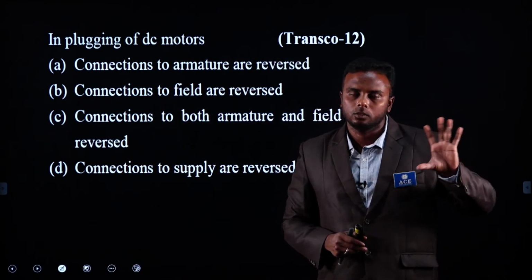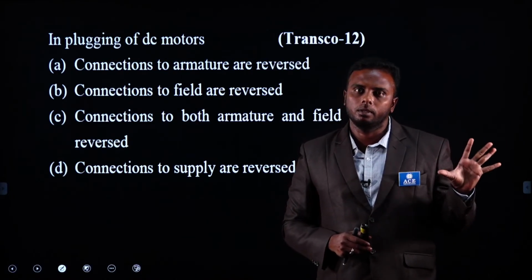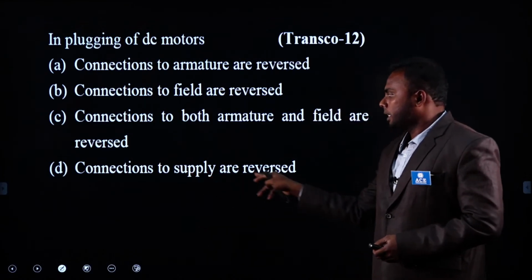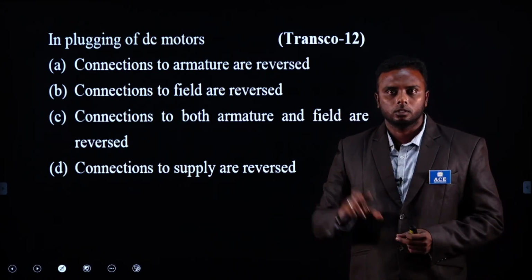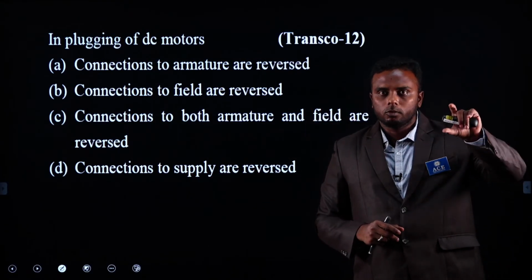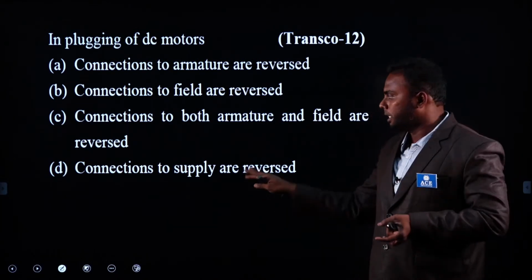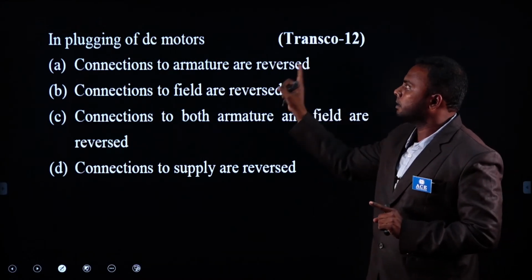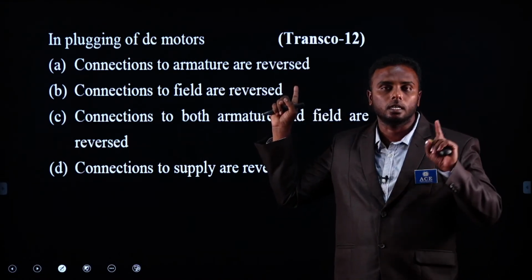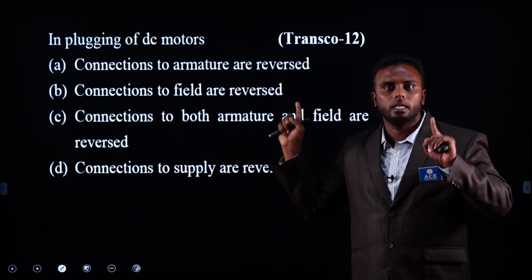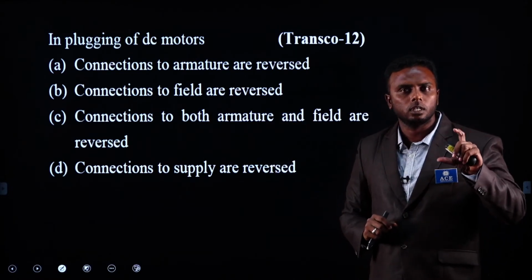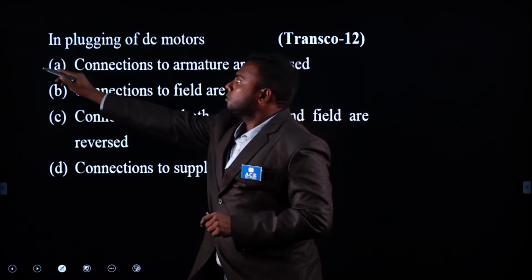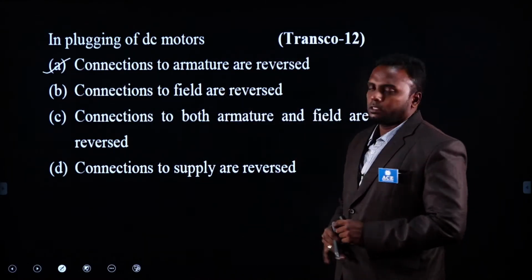The field winding is there as it is, no change in the field current or field winding terminals. Only the armature should change. If you change connection to supply, no. In a shunt motor, if you change the supply polarities, it will change for both armature and shunt. But we need only armature terminals to be reversed, so that current will go in reverse direction only in the armature. Then only we can call it reverse current braking. So connections to armature are reversed.